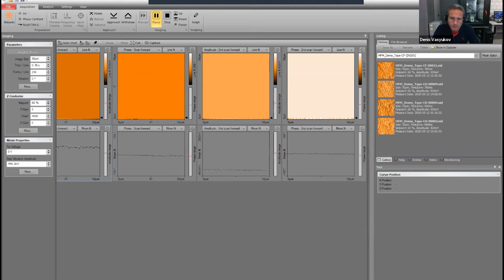You can see here the time estimate is about 13 minutes to finish the scan. That's roughly double the constant height mode scan.